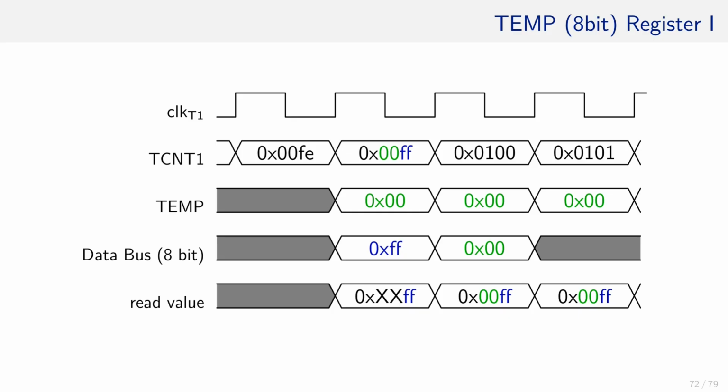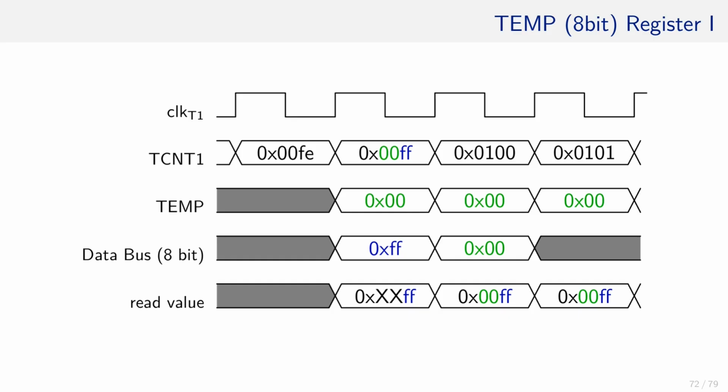Here's how it works. Imagine the value of the TCNT is 00FE in hexadecimal format currently. In your program, you would like to read the TCNT value. After the clock cycle, the timer is incremented to 00FF, and that is the value that is to be read. So the upper byte is copied to the temp register and the lower byte is put on the data bus.